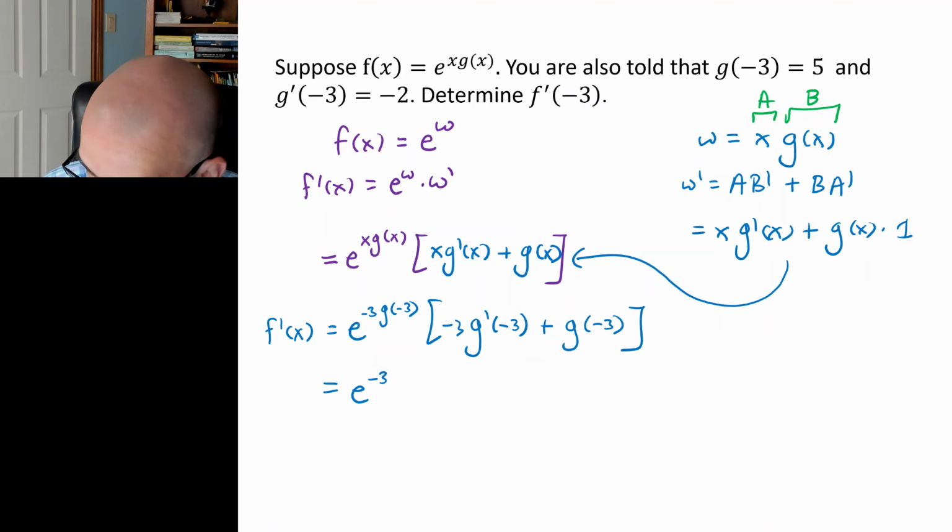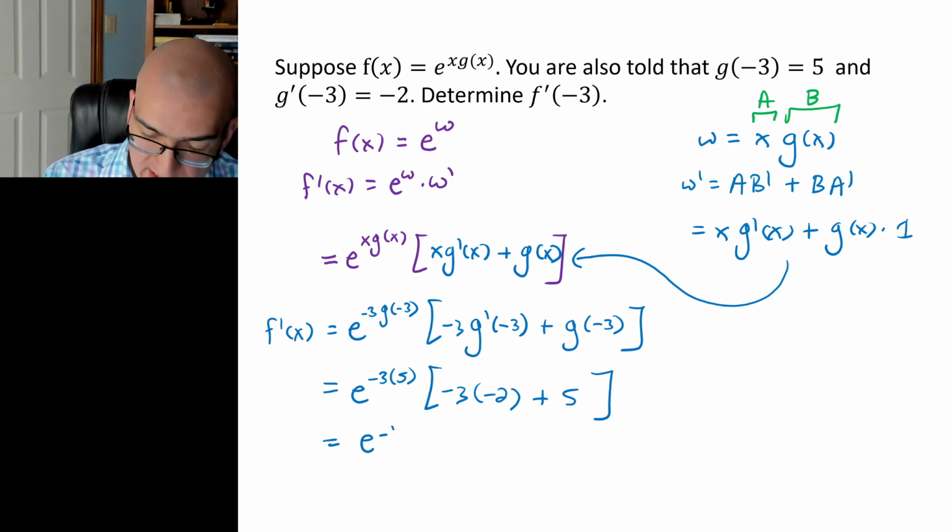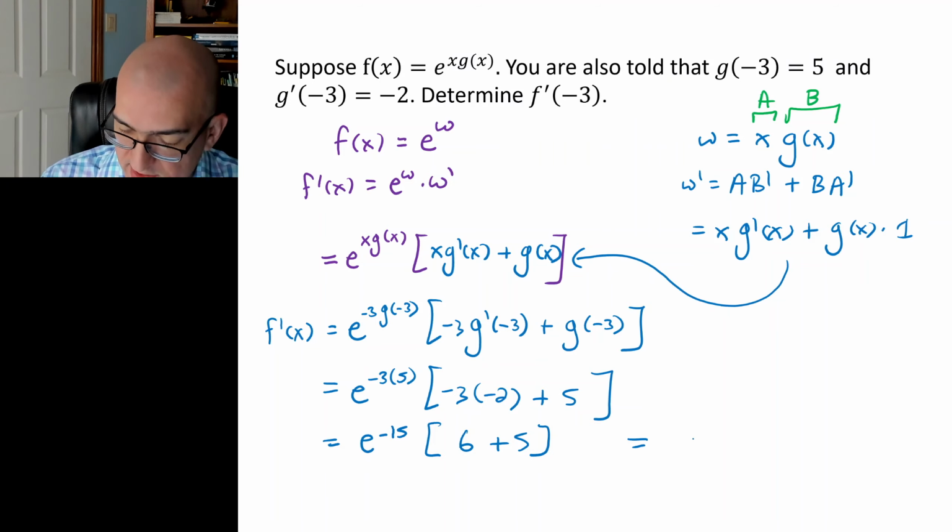Now, what is g of negative 3? It's 5. What is g prime of negative 3? It's negative 2. And then simplify. We get e to the negative 15 times negative 3 times negative 2, 6, plus 5. We can rewrite this as 11 e to the power of negative 15.